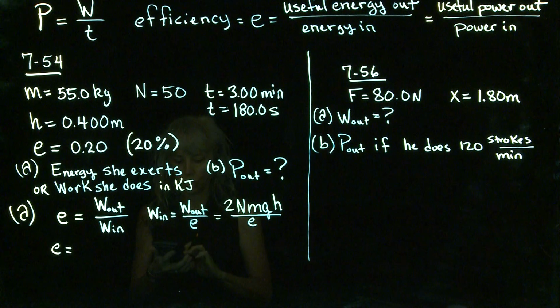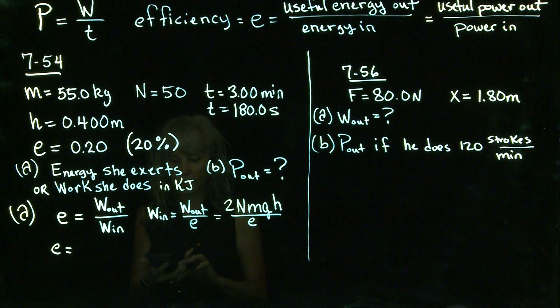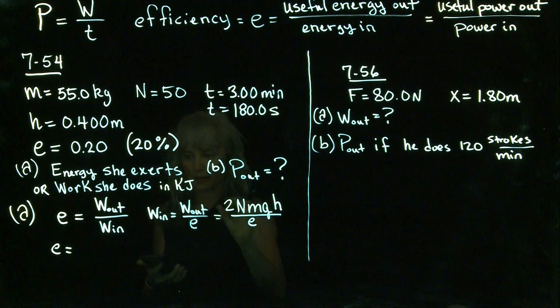So this is going to be 2 times n, which is 50, times her mass, which is 55.0, times the acceleration due to Earth's gravity, 9.80 meters per second squared, and then times the height that she is moving her center of mass. And then we want to divide that now by the efficiency.